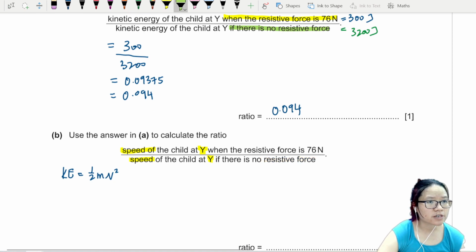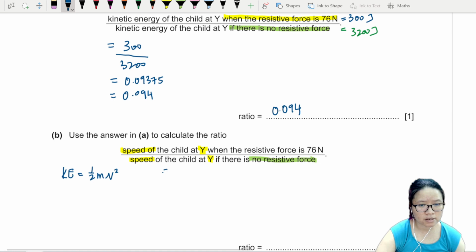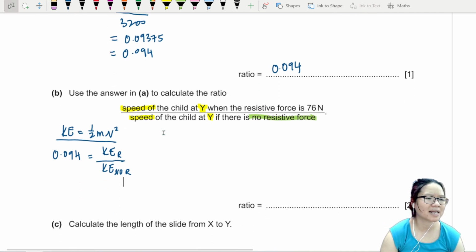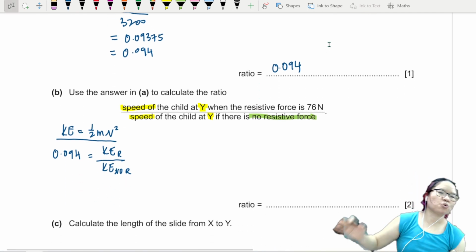Let's write this in a short form equation for now. 0.094 is equal to KE with resistance over KE with no resistance. You write it in a way that you know what you're writing.